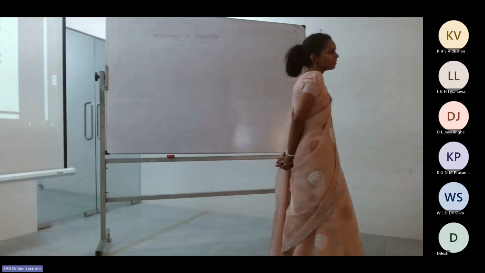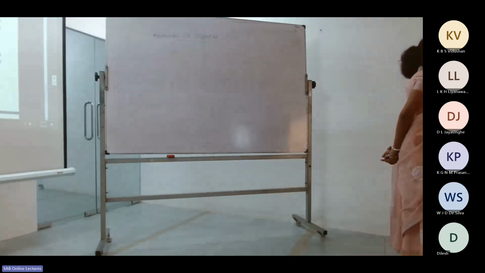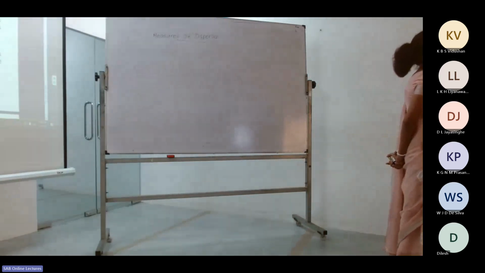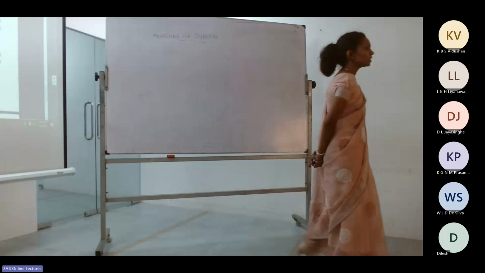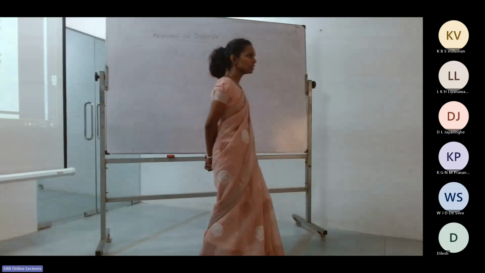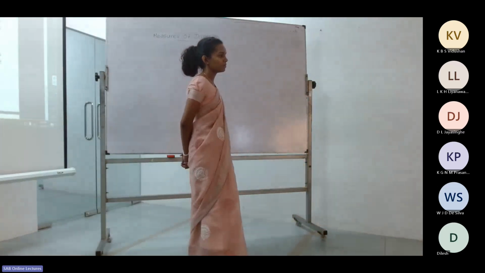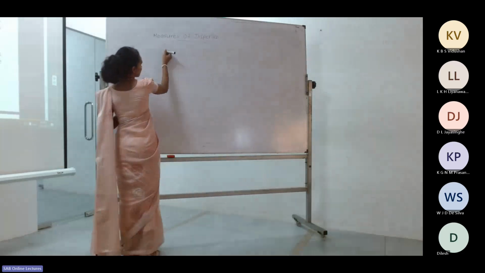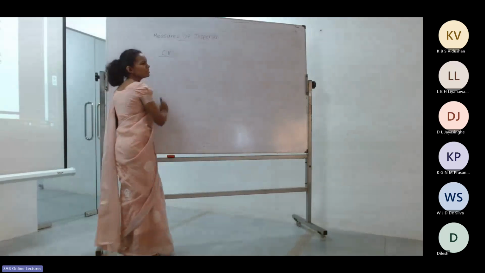In here, when we calculate the CV value, we use measures of central tendency and measures of dispersion both. When calculating the CV value, we use both central tendency measurements and measures of dispersion. It's clear? Coefficient of variation, normally we say CV value.